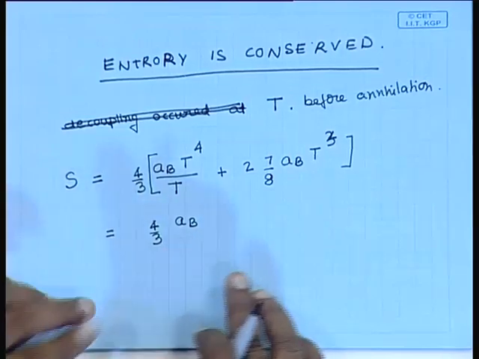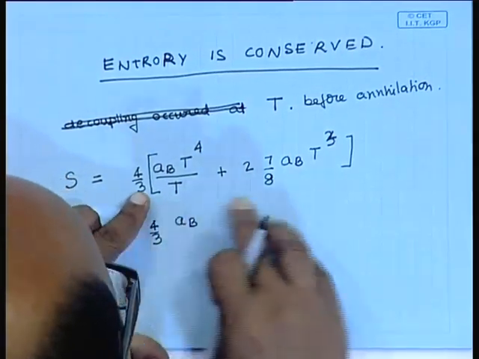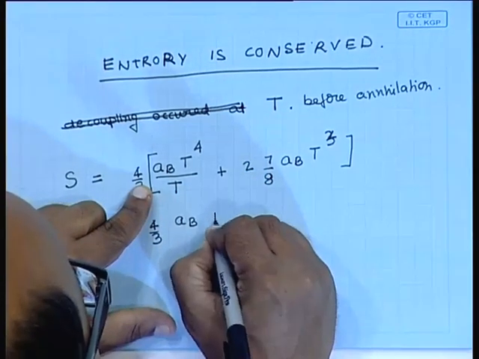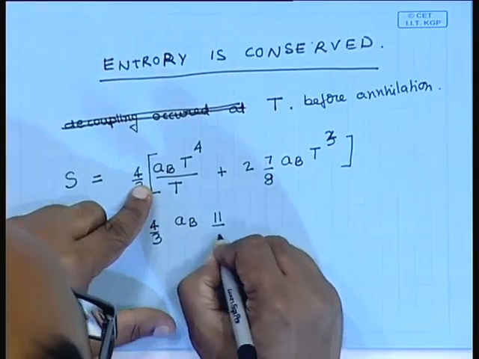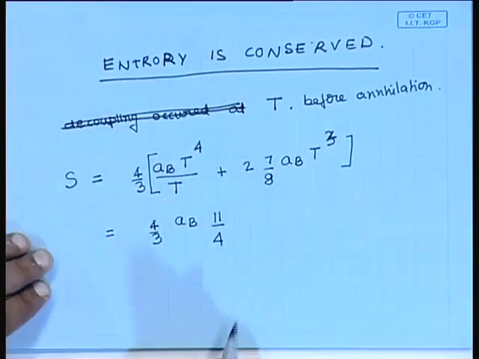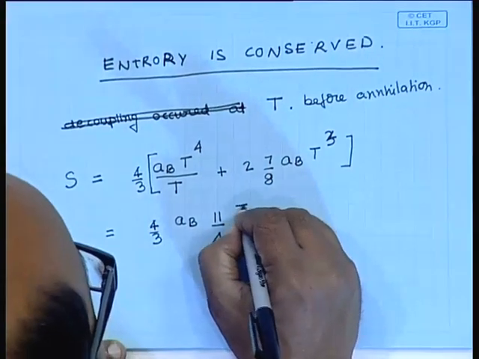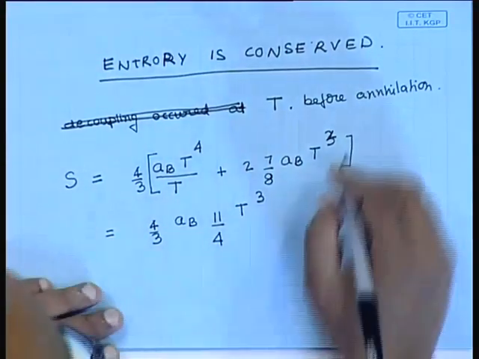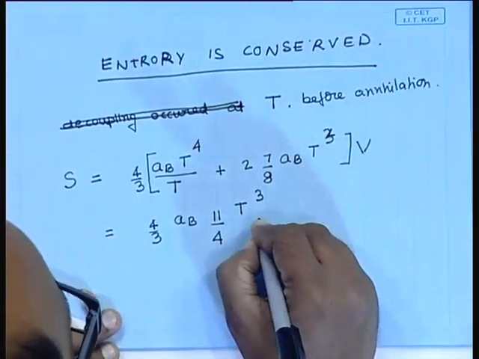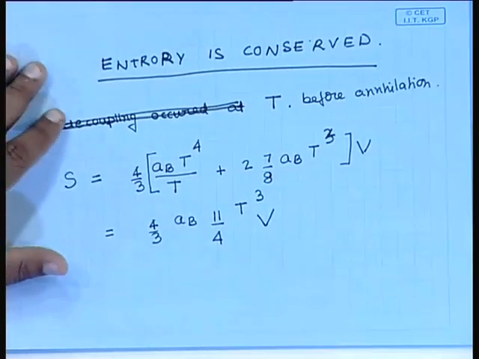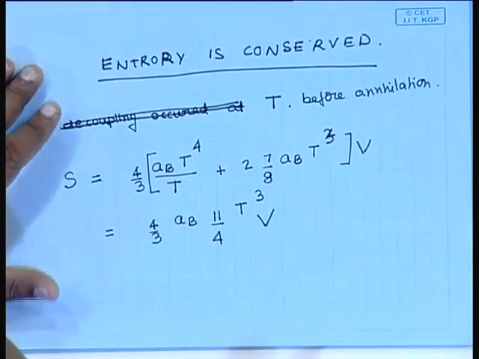So AB, and then I have 11 by 4, because 1 plus this is 7/4, so 11 by 4 into T cube. That is the entropy before annihilation. Okay, into the volume V. The universe is expanding, so you have to keep track of the volume also. So this is the entropy before.